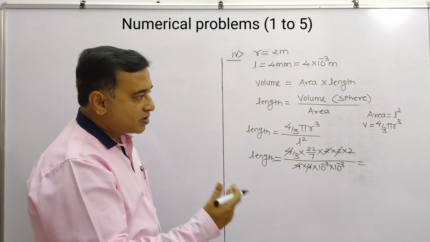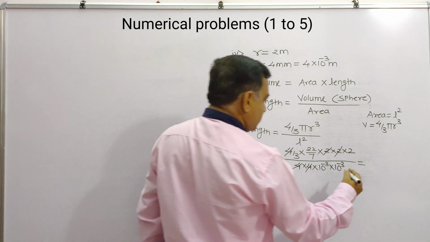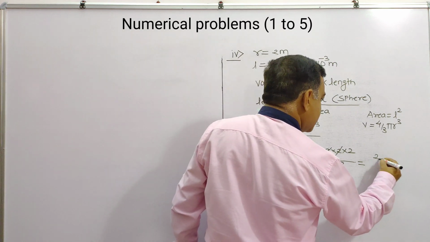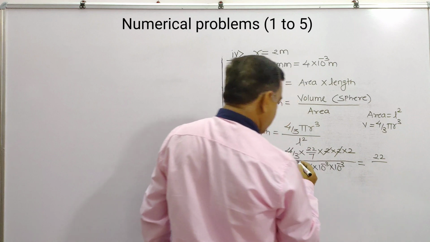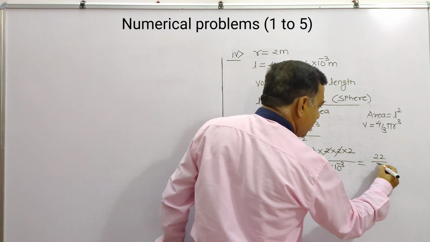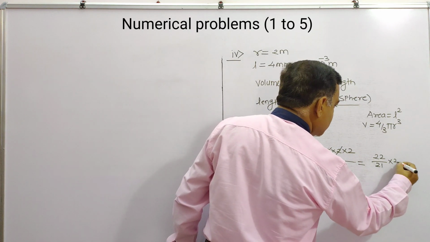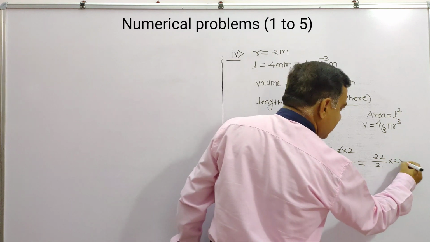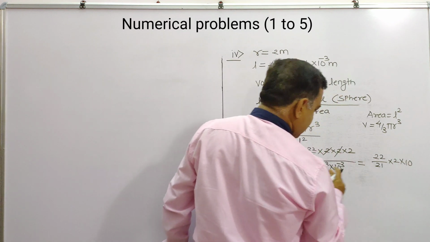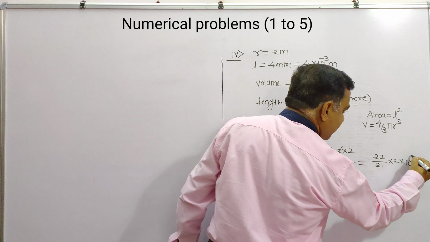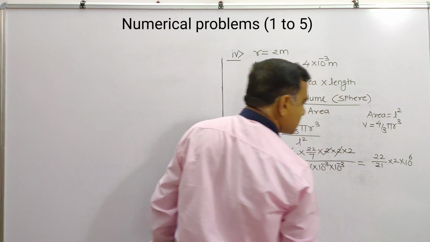In multiplication, powers get added. So here it is 22 upon 21 into 2, and accordingly 10 raised to power minus 6. And if it is taken in numerator, it is plus 6.